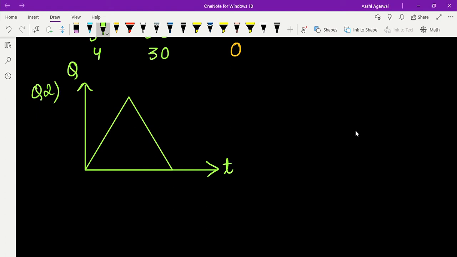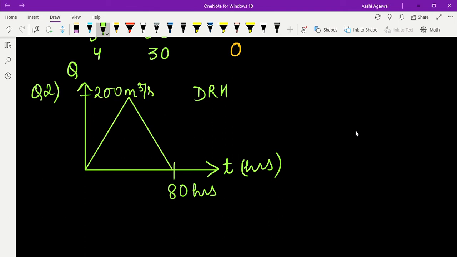So here it is a DRH, direct runoff hydrograph, and it is triangular in shape. The time is given in hours. Here the time is 80 hours, and the peak value is given as 200 meter cubes per second.